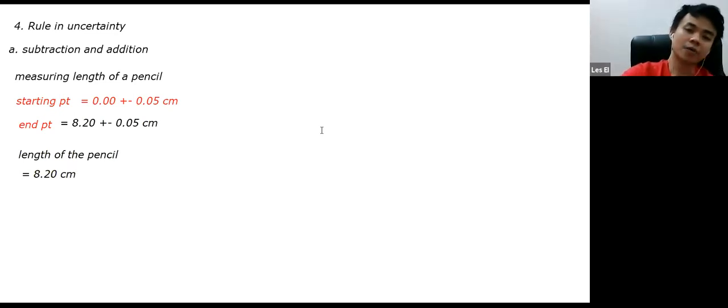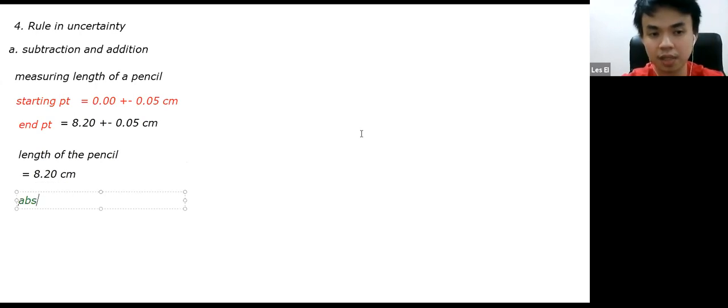Now, how are we going to deal with the absolute uncertainty for addition or subtraction? For addition or subtraction, the rule is the absolute uncertainty is always added.